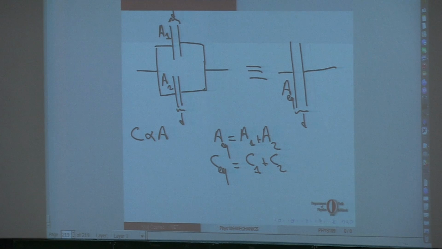So at least for the case of parallel plate capacitors, you can think of our results on series connection and parallel connection as just a consequence of the fact that either we are adding areas or we are adding the separations.